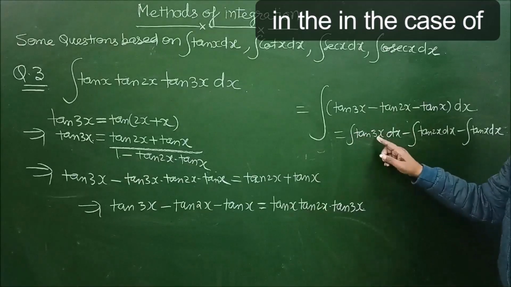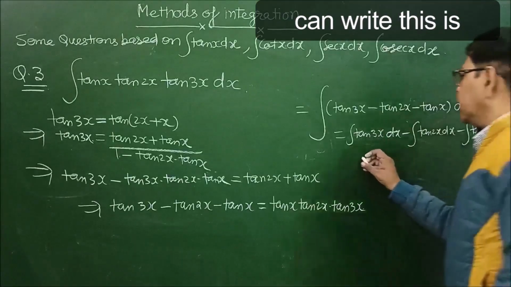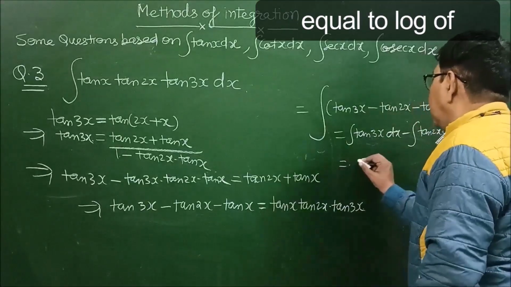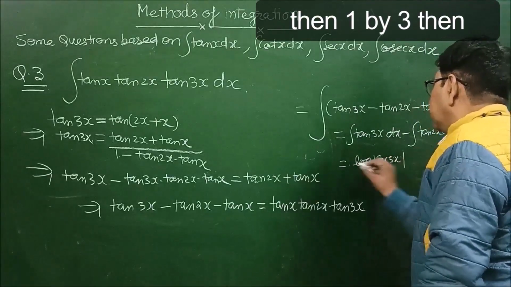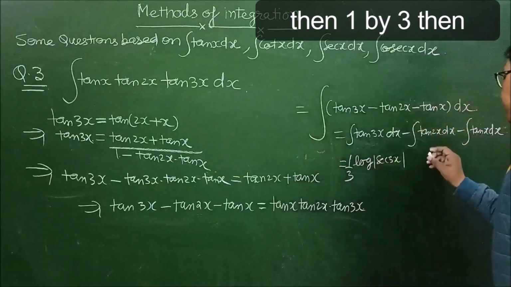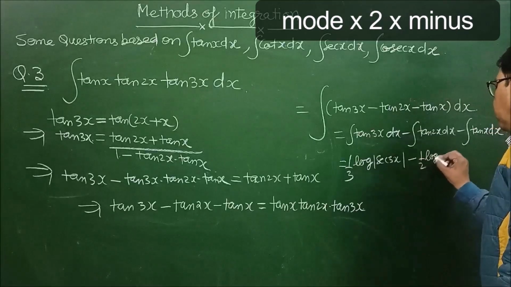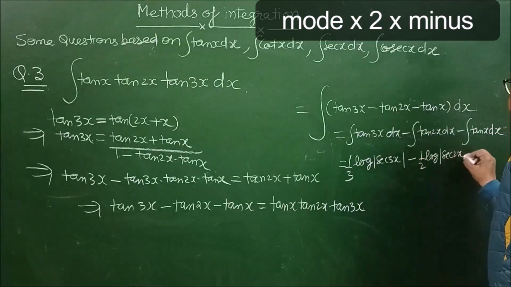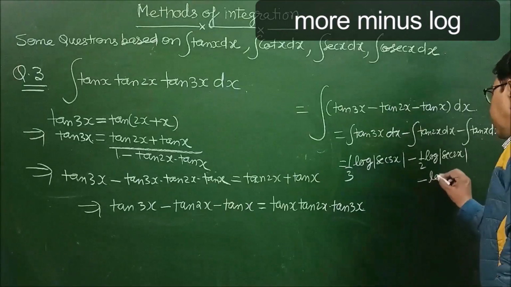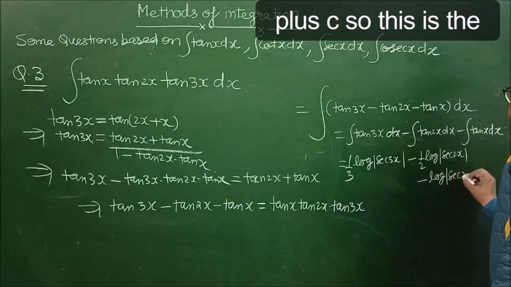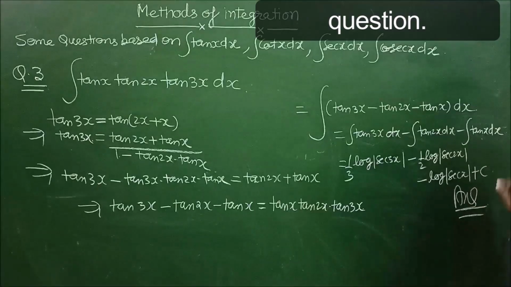So in the case of integration, if we have a multiple in the angle, then we divide, so this is equal to log mod sec 3x and then 1 by 3, then minus 1 by 2 log mod sec 2x minus integration of tan x is minus log mod sec x and then plus c. So this is the final answer of the question.